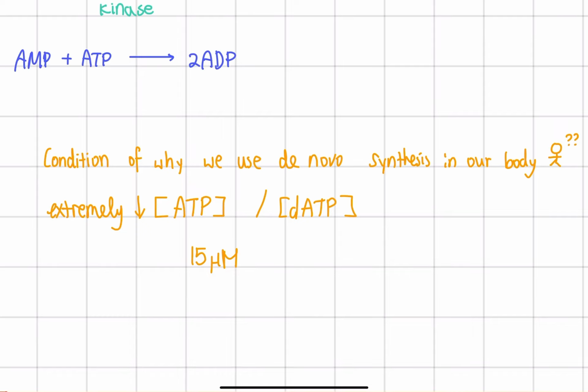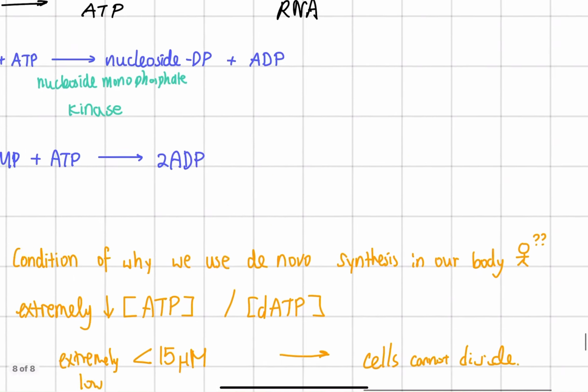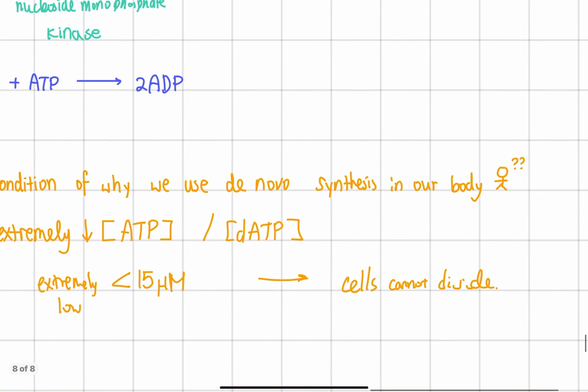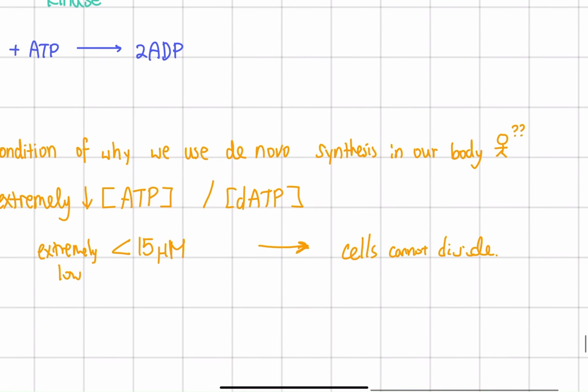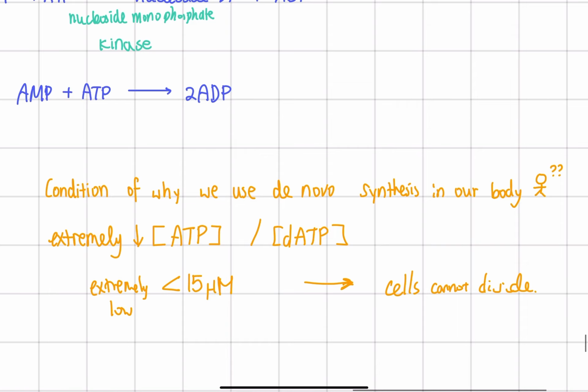Then we have to, extremely low, to a point where cells cannot divide. Or like replication of DNA. Then that's where we use de novo synthesis.